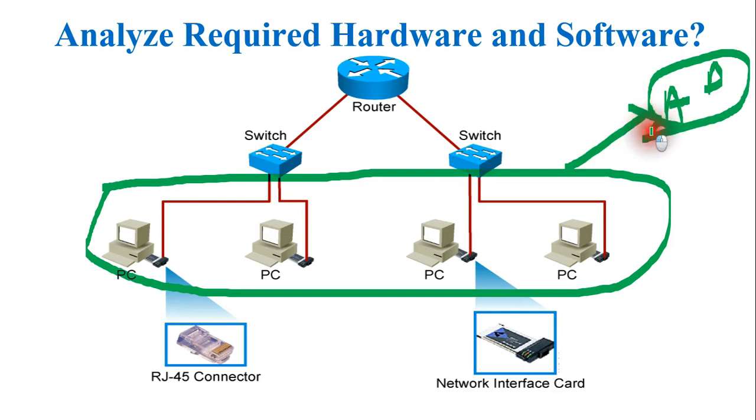And then, which operating system I want to use here, whether it should be more secure or less secure. For example, my company may want to go with an advanced client operating system.